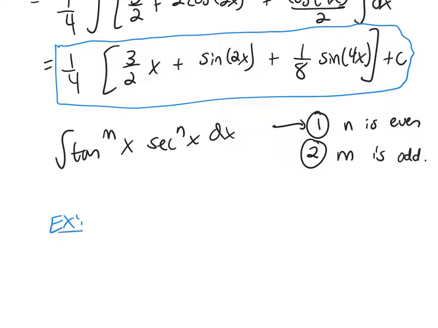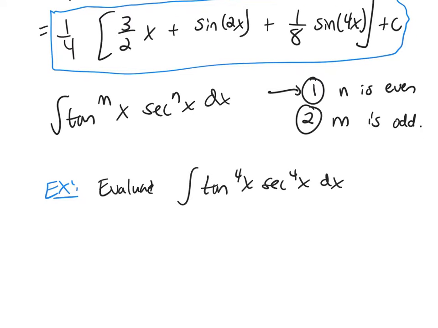So let's say I want you to evaluate the integral of tangent to the fourth and secant to the fourth. So if I look, my power of secant here is even. So it breaks down into this first rule right here, if n is even.